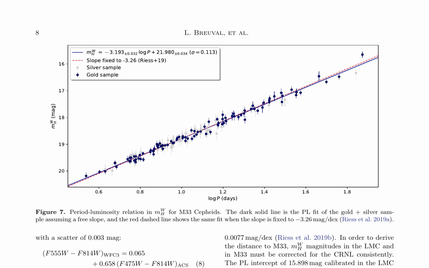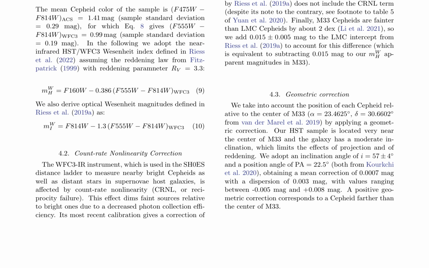The PL fit of the gold plus silver sample, assuming a free slope, is MW_H equals −3.193 plus or minus 0.032 log P plus 21.980 plus or minus 0.034. The slope is fixed to −3.26 mag per dex, as determined by Riess et al. 2019a.